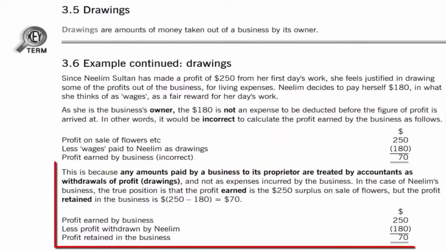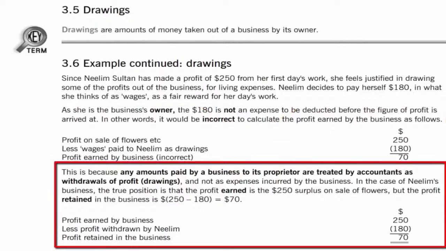Step 3. Correctly calculating profit with drawings. To show the correct way to handle this, we'll start by showing the business's total profit and then subtract Neelam's drawings separately to see what remains in the business. Here's how we would do it. Profit earned by the business, $250. Minus amount withdrawn by Neelam, drawings, $180.